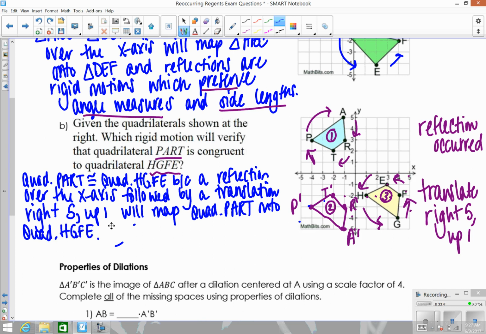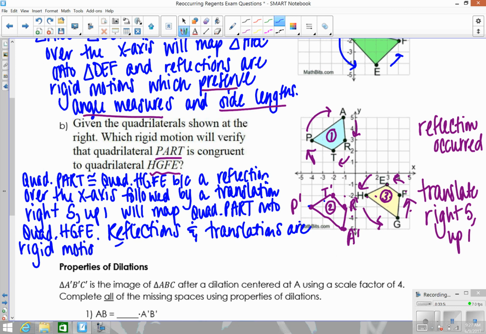And then we'll say that basically what we said in the last one, reflections and translations are rigid motions which preserve angle measures and side lengths.